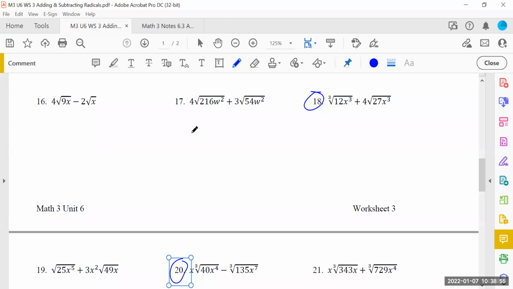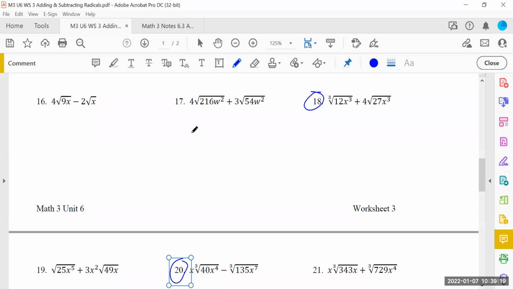Oh, no, sorry. Back up. You didn't take out any numbers. About 3, you still have a 3 left over in that square.